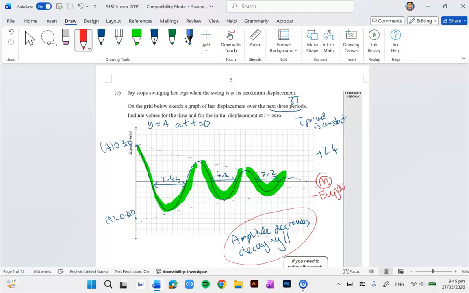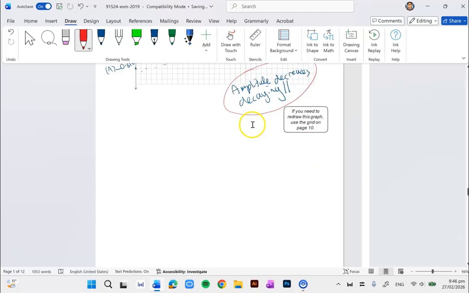Let's call that achieved: correct starting max and shape showing decay. Just the graph in general without anything else isn't achieved. So graph shape, or the correct time values and shape showing decay. That's also something you can consider.